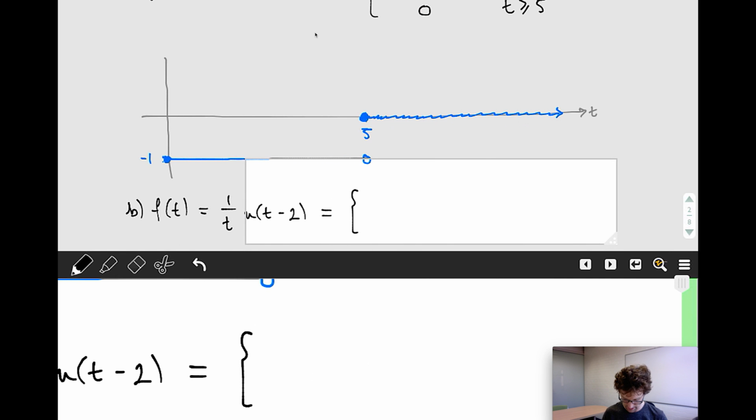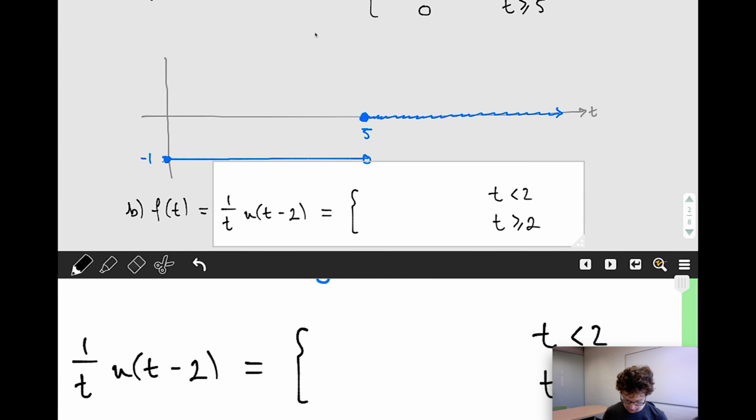We're going to have t less than 2 and t greater than or equal to 2. So for t less than 2, this is going to be equal to 0. And for t greater than or equal to 2, I'm going to have 1 over t times 1, so I'll have 1 over t. So this is the function 1 over t switching on at t is equal to 2.